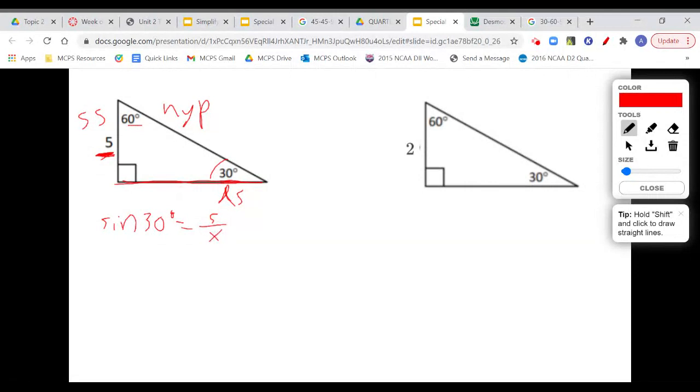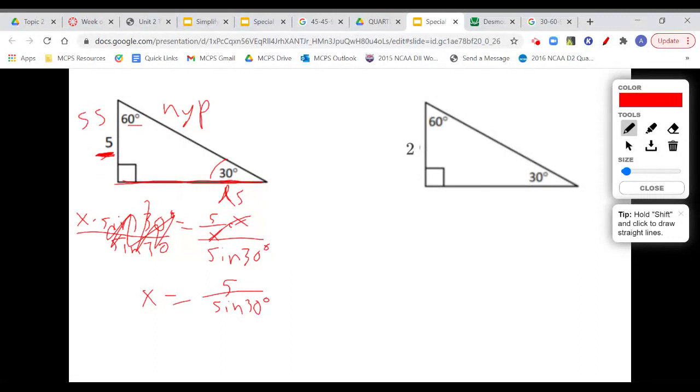Let me solve this. Multiply both sides by x. Then I have x times sine of 30. So I'm just going to go ahead and divide both sides by the sine of 30 degrees. Which leaves me with the fact that x is equal to 5 over the sine of 30 degrees.